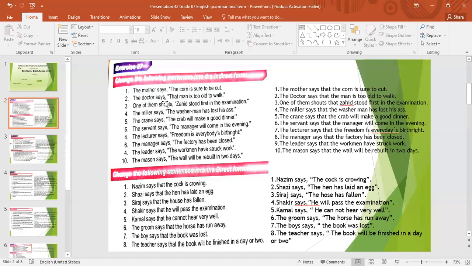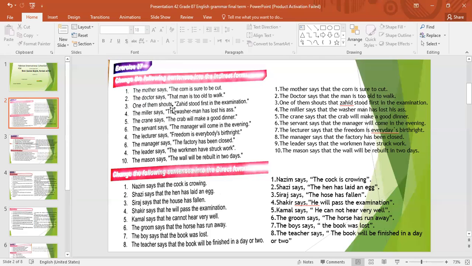Similarly, The doctor says, "That man is too old to walk." Here it is changed to indirect: The doctor says that the man is too old to walk. Only the change of "that" in indirect speech.